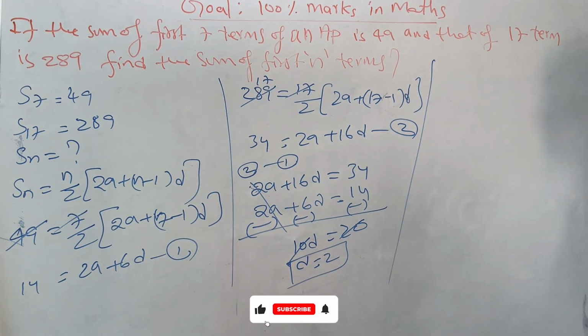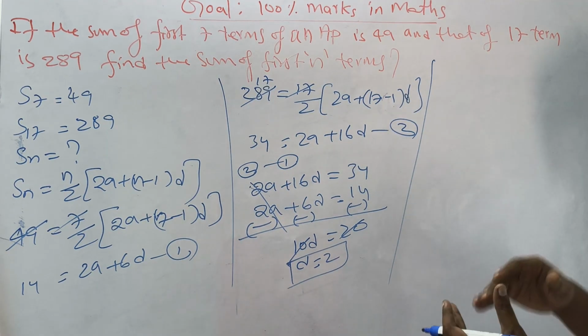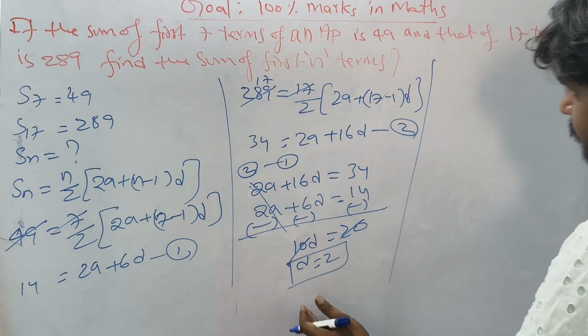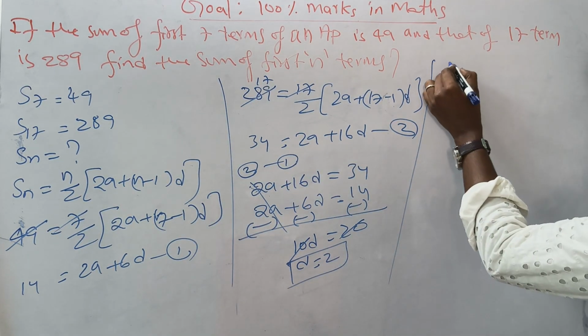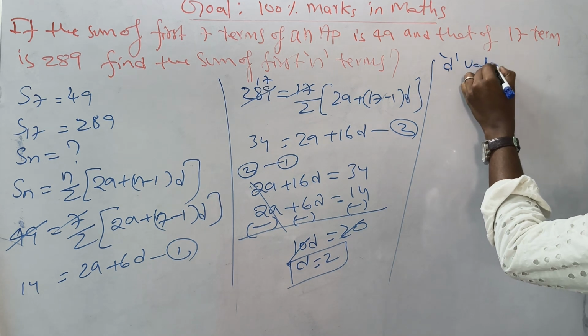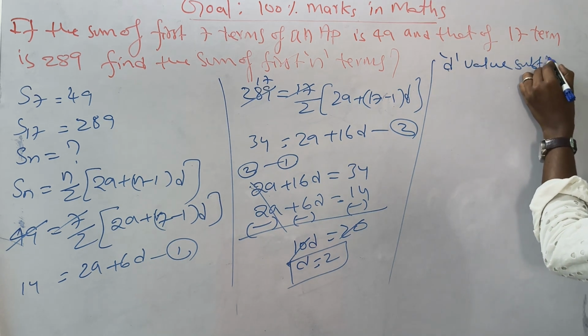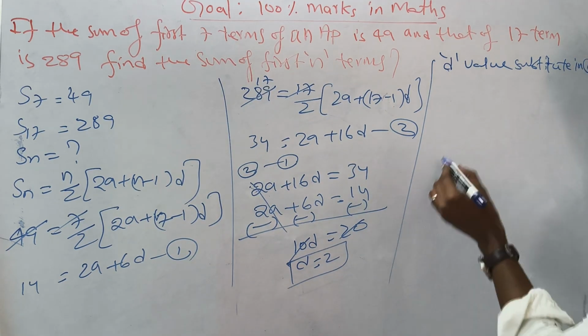Now what do we have to do? First of all, the a value. If you know the a value, then you will get that AP. After that, take the nth term and the sum. Now substitute the d value in any equation and you will get the a value. Now I am substituting the d value in equation 1.